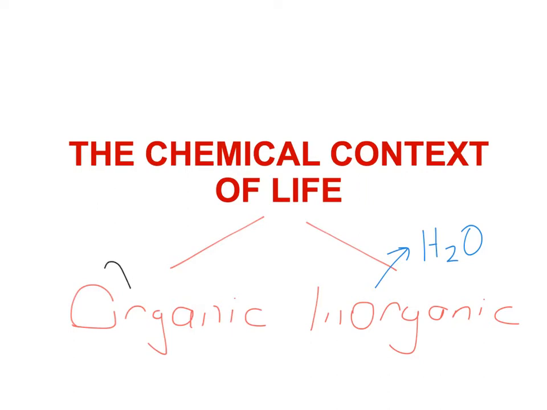For example, the sugars, carbohydrates, are organic, and the sugars, carbohydrates, for example, glucose, is synthesized by the photosynthesis reaction in plants or other photosynthetic organisms.